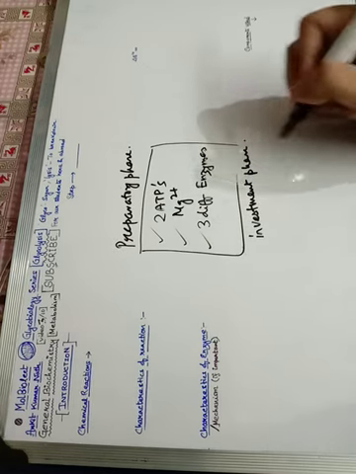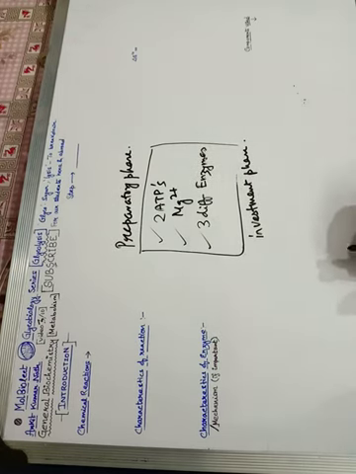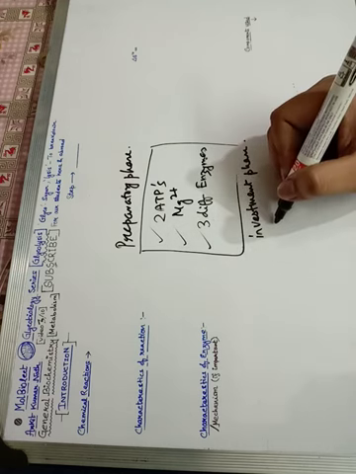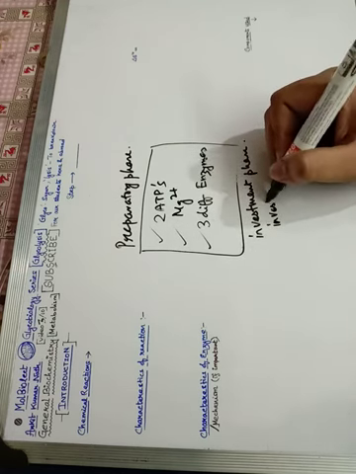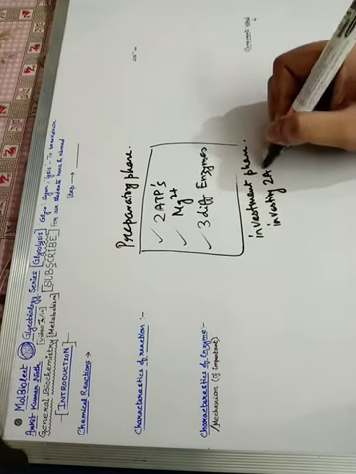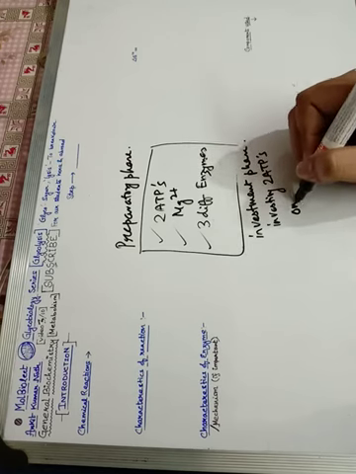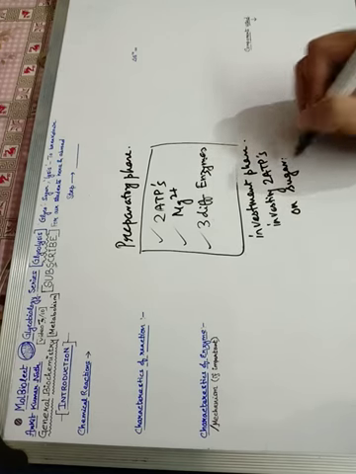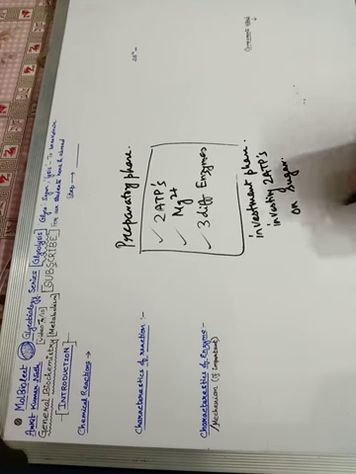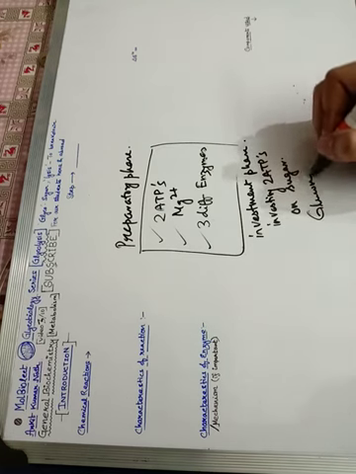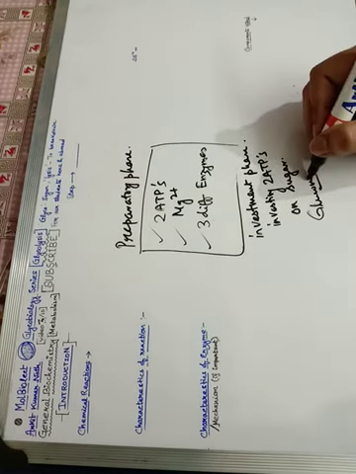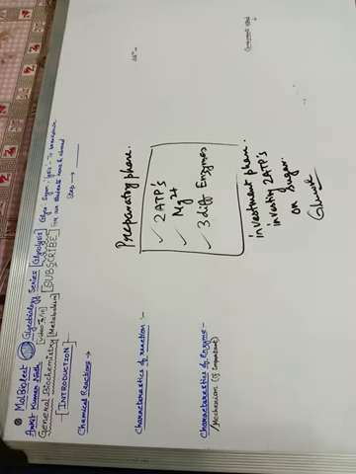The only difference is we are not investing in a bank or investing money, but we are investing 2 ATPs on sugar, the simplest sugar, glucose, so that we get more returns, and that we get.